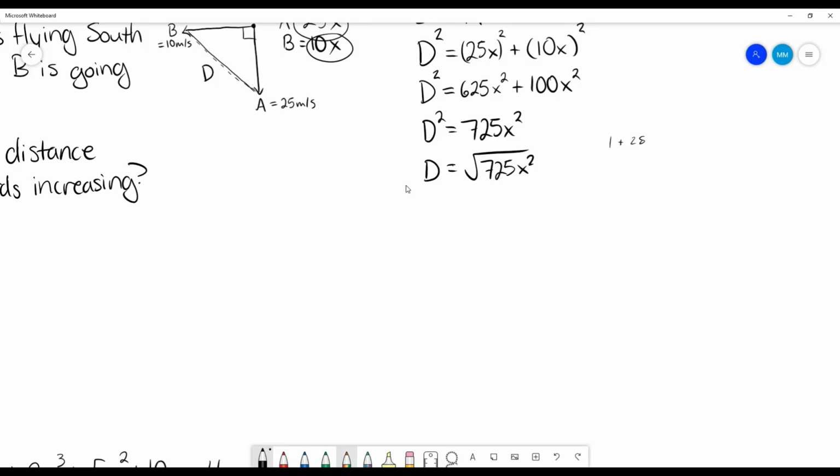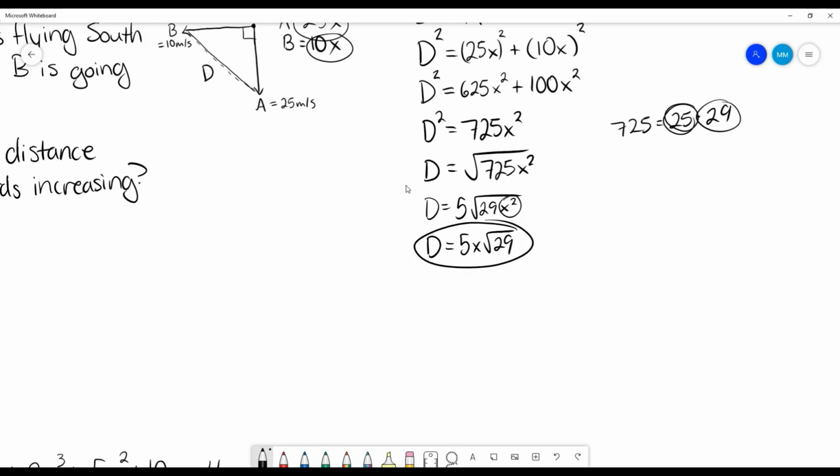So 725 is equal to 25 times 29, which means since 25 is a perfect square, I can pull that outside of my radical. So d equals 5 times the square root of what's left, that 29 x squared. And I can also pull out this x squared, right? Because the square root of x squared is just x. So it's 5x times the square root of 29.